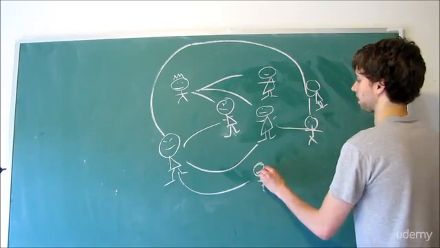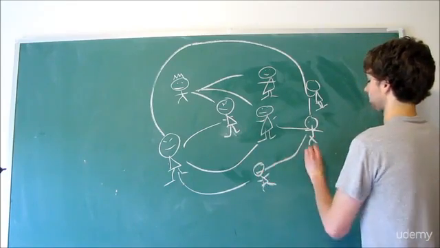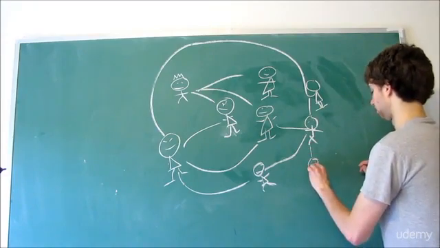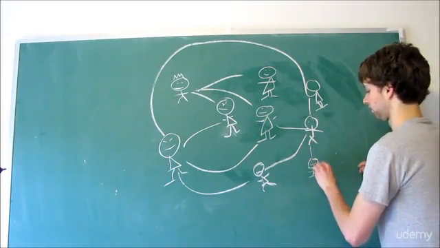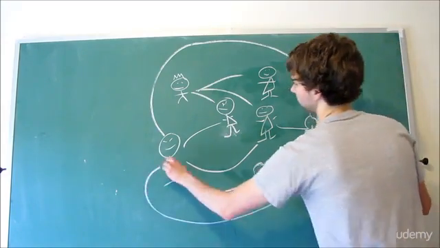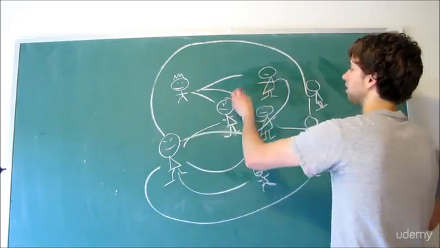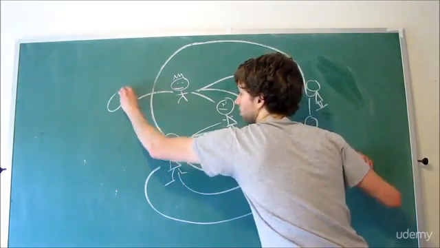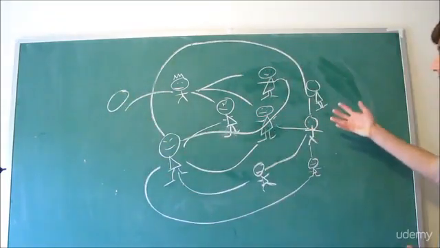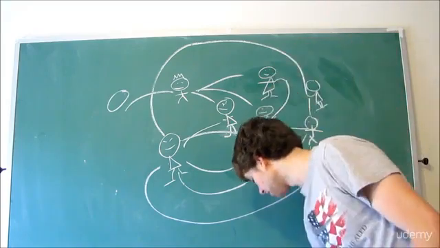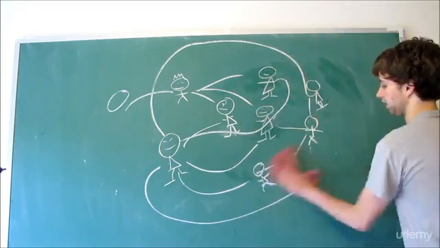And this girl, surprisingly, is married to this guy, who's married to Kathy, who is also married to Jim. And by the way, Jim is married to the second wife of the king, who the king is also married to this girl over here. And you see, it gets very complex very quickly. That is an example of a many-to-many relationship.